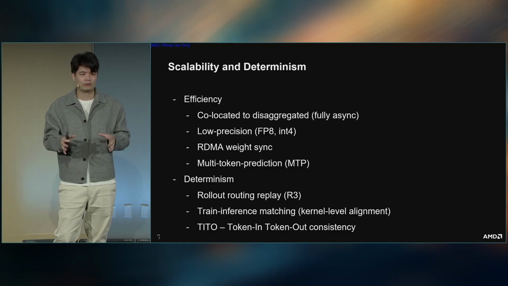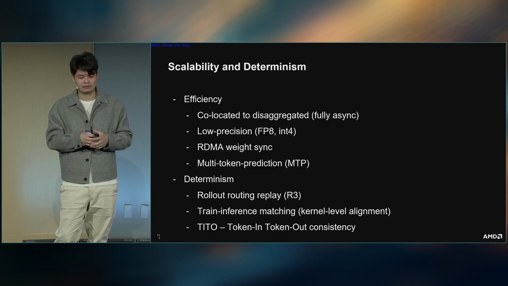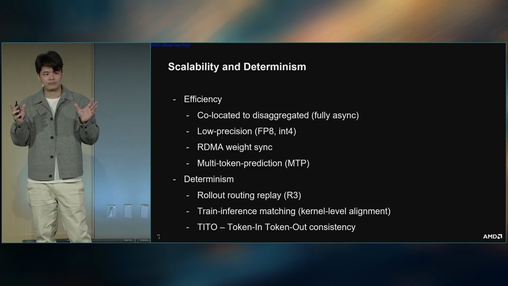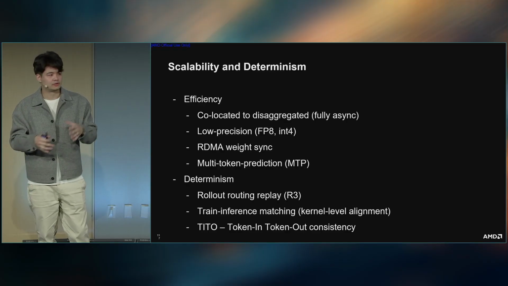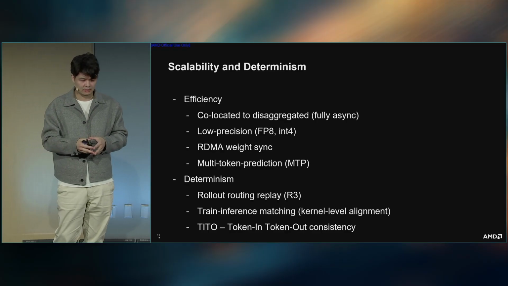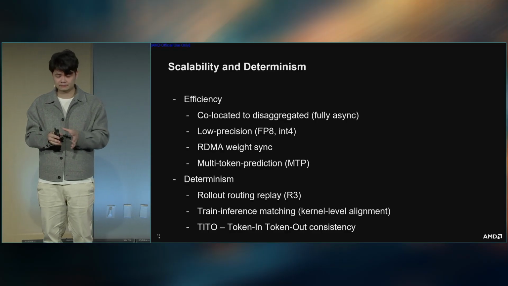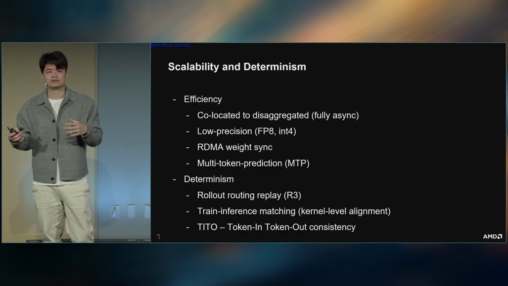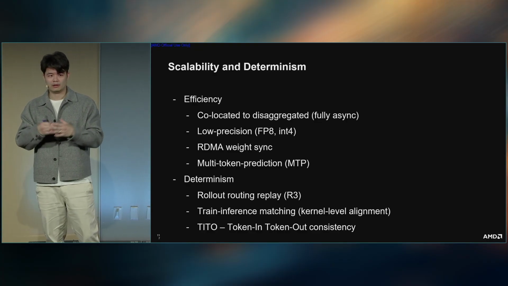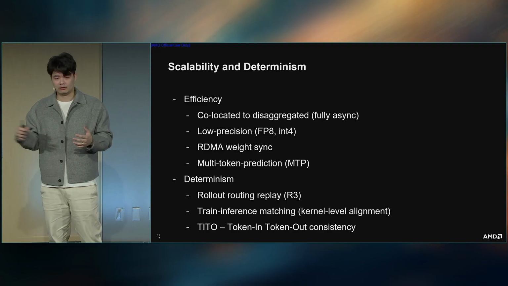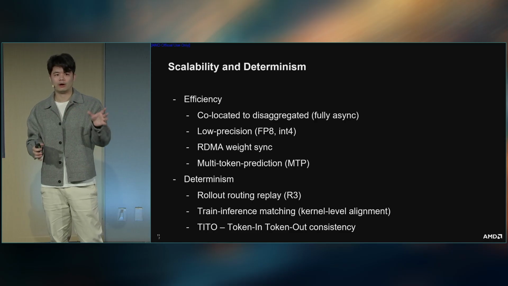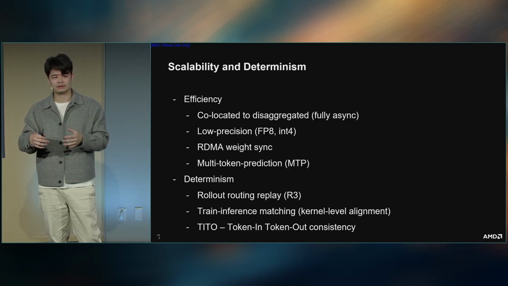Miles provides a disaggregate mode to allow you to deploy the training engine and the inference engine on different GPU workloads. And we also provide the async mode so that your overall RL training is async. You don't need to wait for your rollout to finish; you can work on the next step.